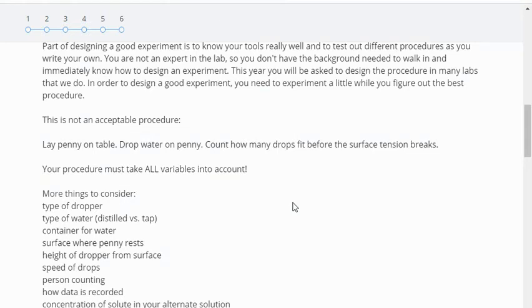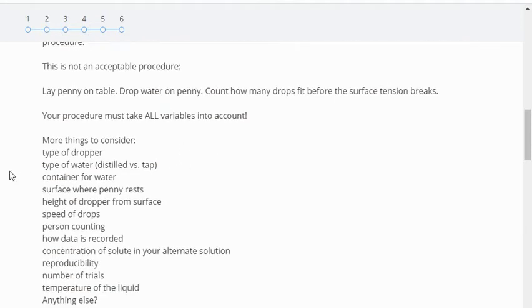Okay, so a procedure needs to be more detailed than lay the penny on the table, drop water on the penny, count how many drops it fits before the surface tension breaks. That's not specific enough. Okay, you need to think about all the variables. So I've given you a list of things to think about as you're designing that experiment. You need to think about which kind of dropper. I've given you a lot of different droppers in the lab to pick from, what type of water you're going to use, where you're resting your penny on.